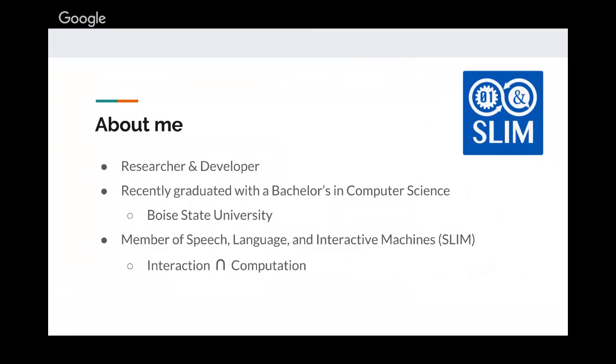So we have several undergraduates and graduates there working on various different things like automatic speech recognition, natural language processing, robotics, stuff like that. And we're really interested in doing research about this kind of stuff. So that's where I'm at and kind of what's motivating me behind what I do.